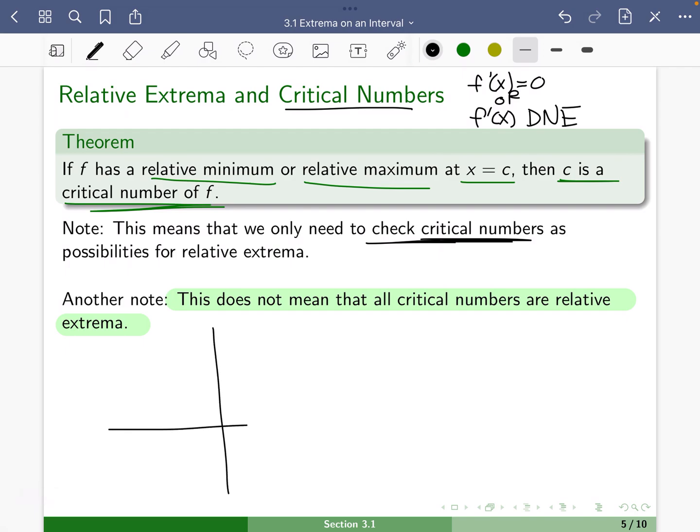but just because it's a critical number does not make it a maximum or minimum. You can have a graph that kind of flattens out. Our derivative right there is 0, but this is neither a relative max nor min.